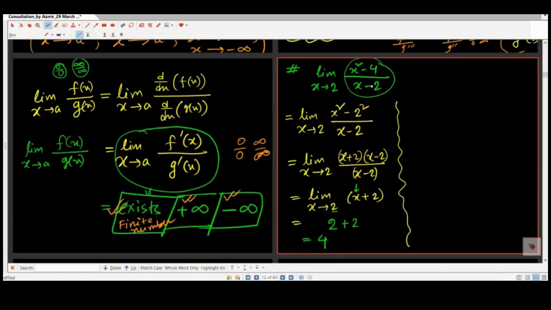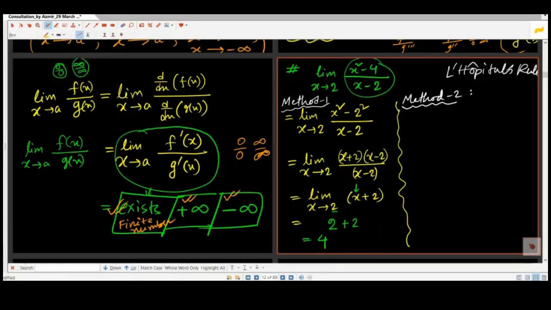This is what we know as the algebraic manipulation method. But the same problem can be solved by L'Hopital's rule. Let's say this is method 1, and now we are going to solve the same problem by using another method, known as L'Hopital's rule.